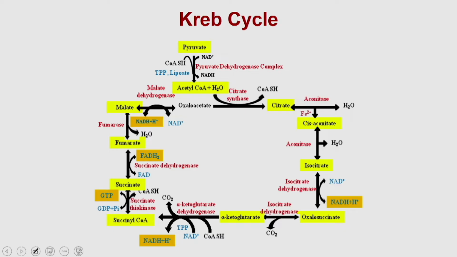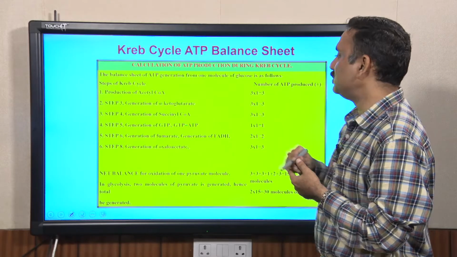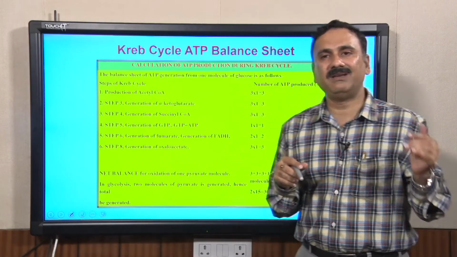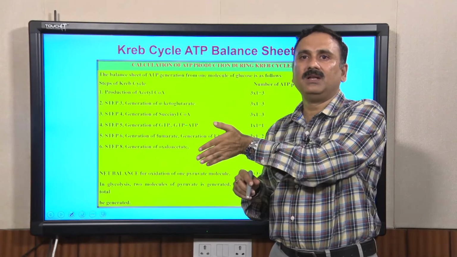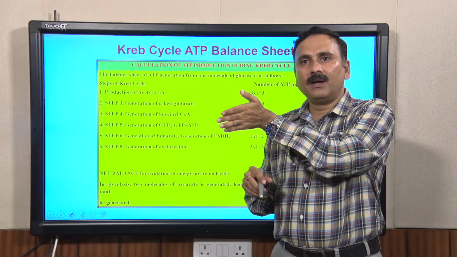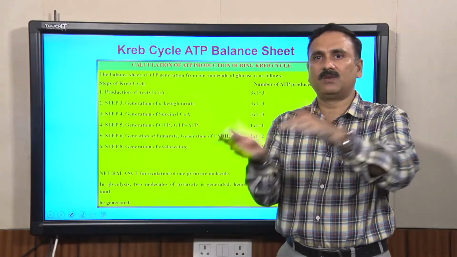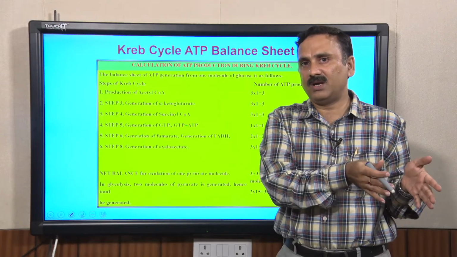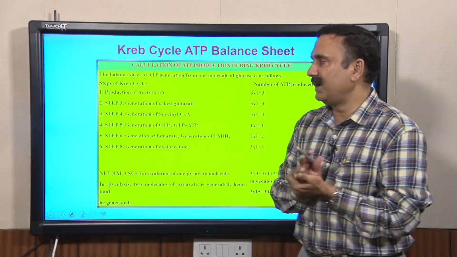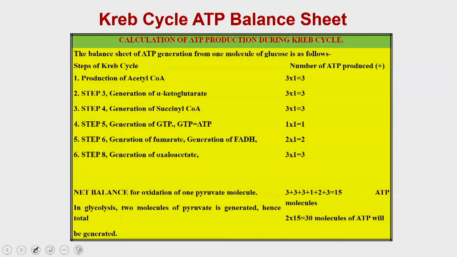So, if you see the balance sheet, there is no investment of ATP as it was done in glycolysis. In glycolysis you are investing 2 ATP so that the molecules get channelized into carbohydrate metabolism, whereas in the Krebs cycle you are just generating different intermediates, and that is how you are producing different types of ATP molecules at different steps.